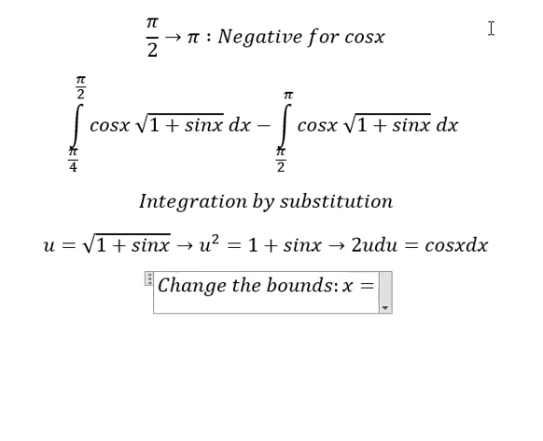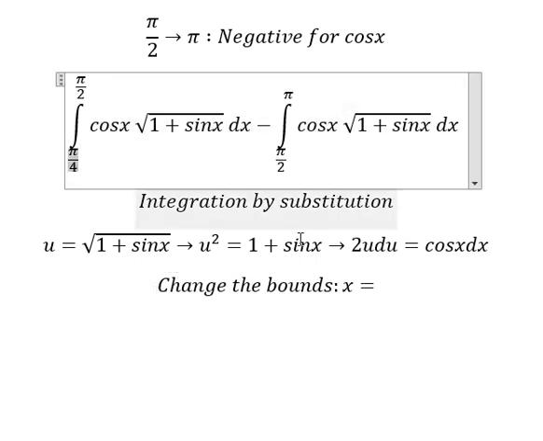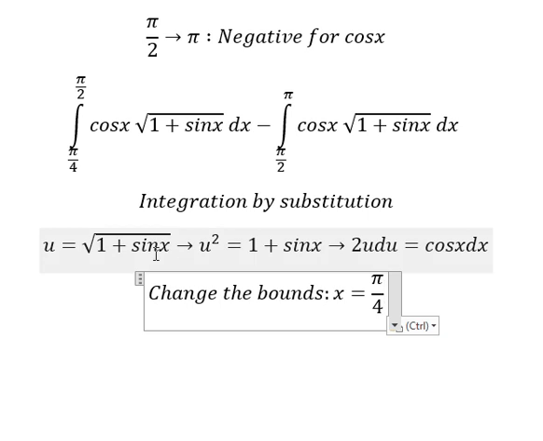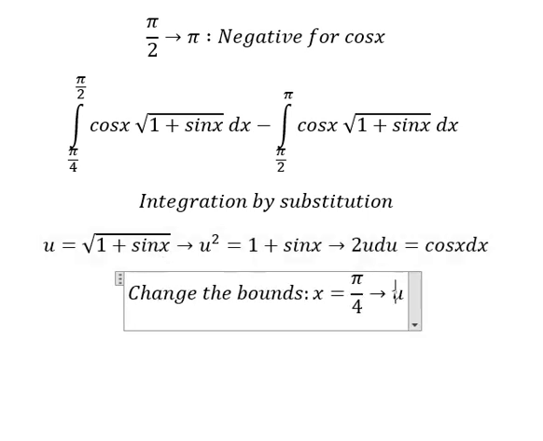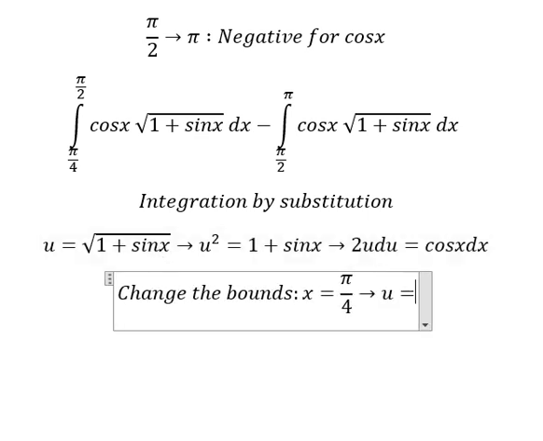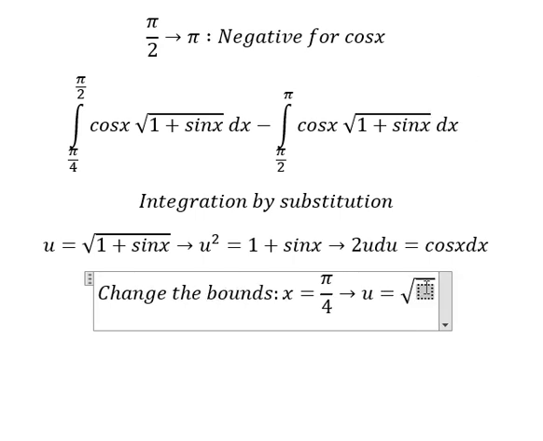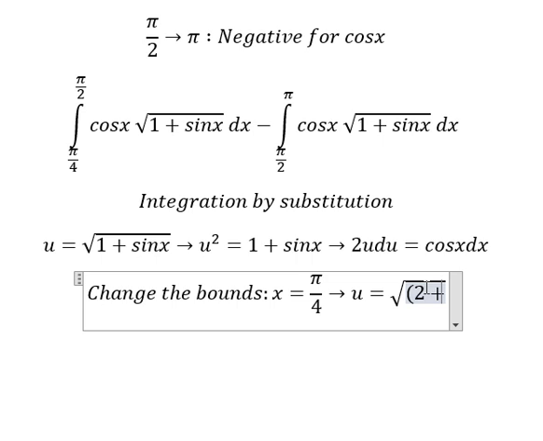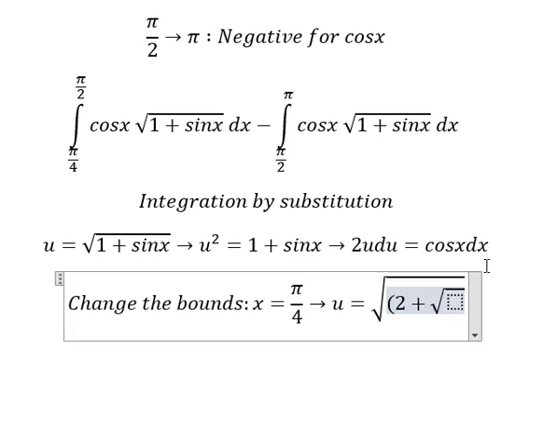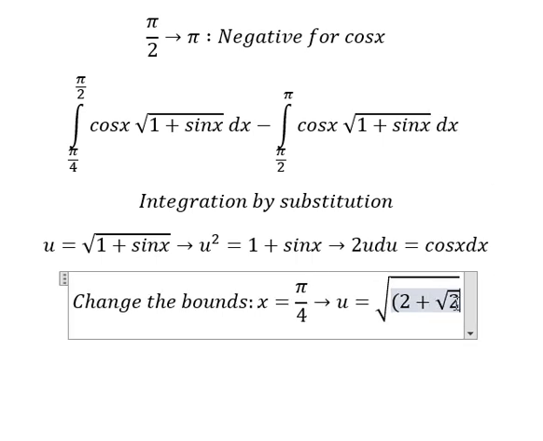When x equals pi over 4, so we put pi over 4 in here, and we have u equals the square root of number 2 plus the square root of number 2 over number 2.